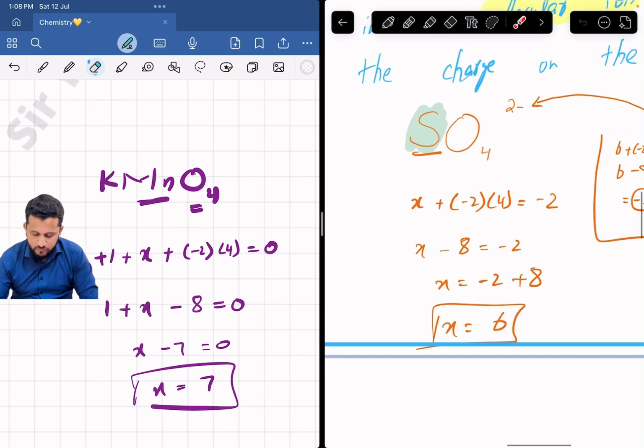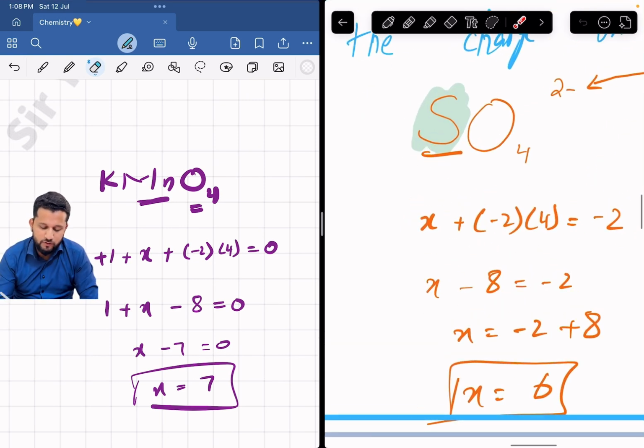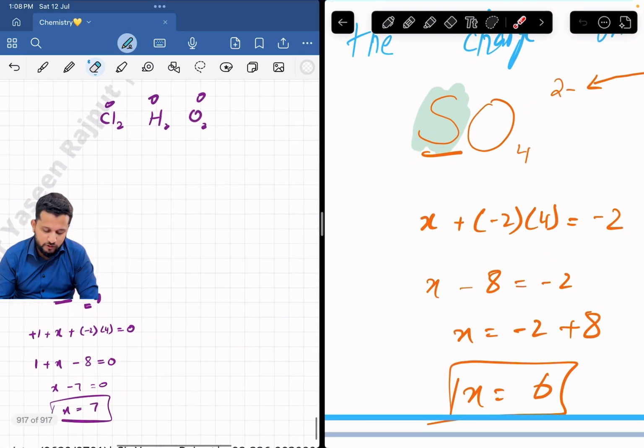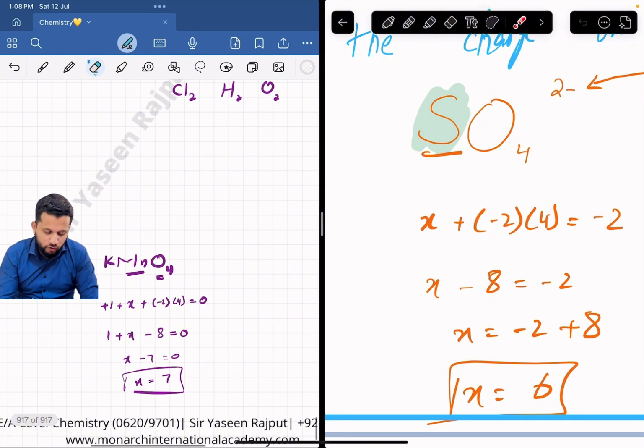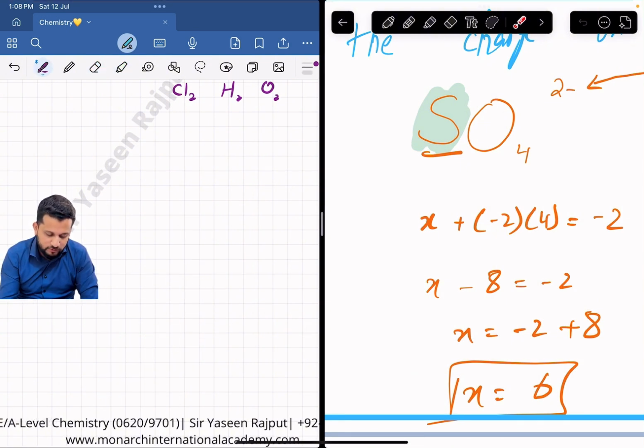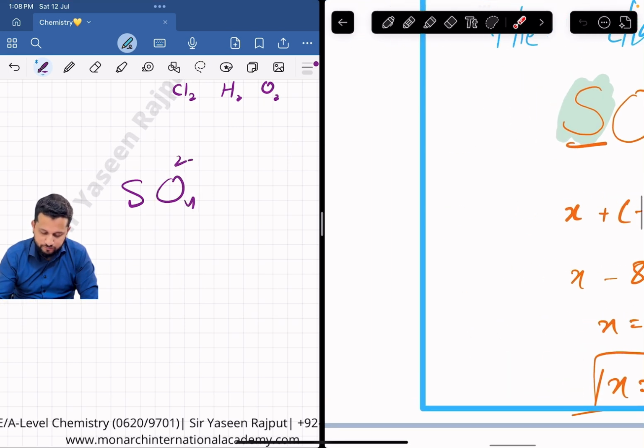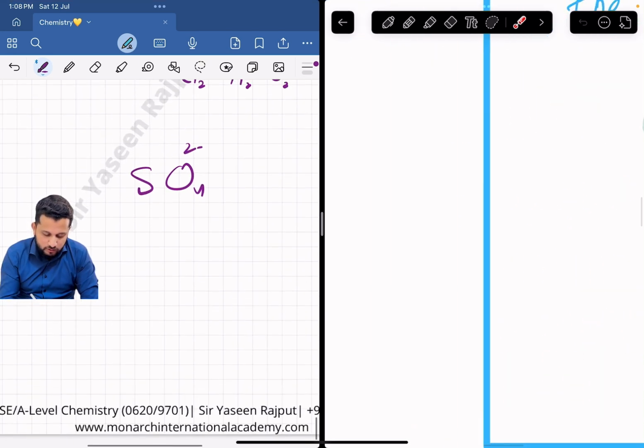Let's say we don't know the oxidation number of sulfur. How can we find out the oxidation number of sulfur in a molecular ion? I'm going to write the sulfate. The oxidation number of sulfur we don't know, but the oxidation number of oxygen is -2 times 4.